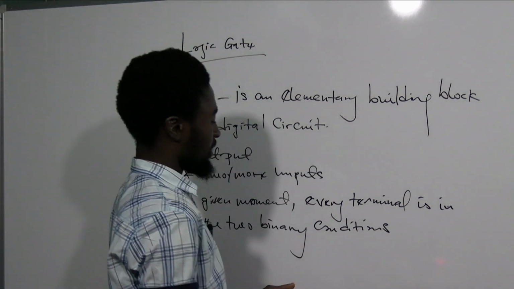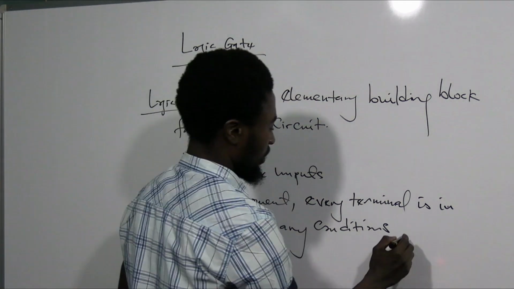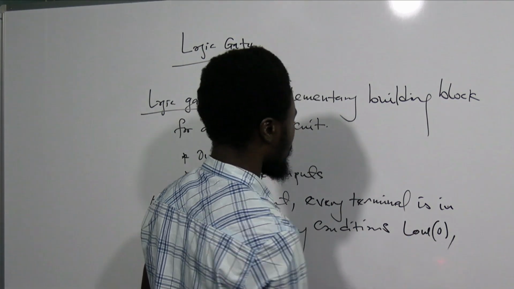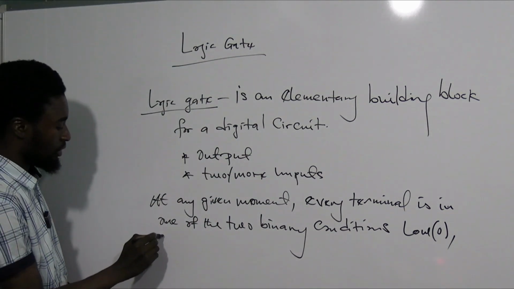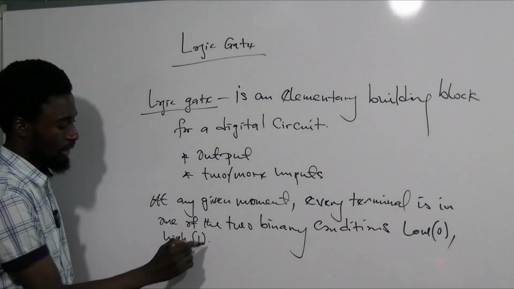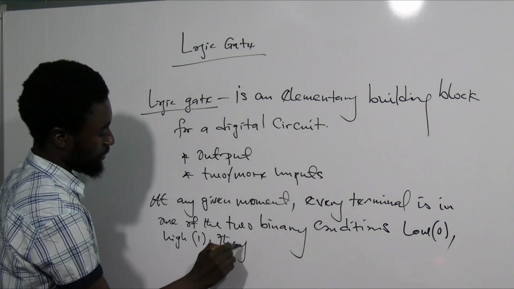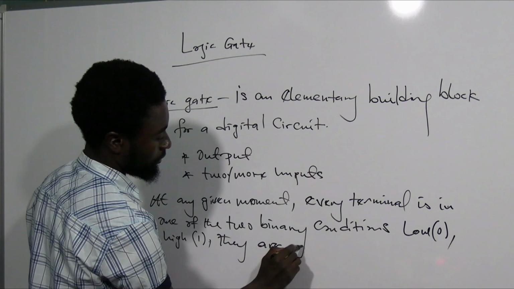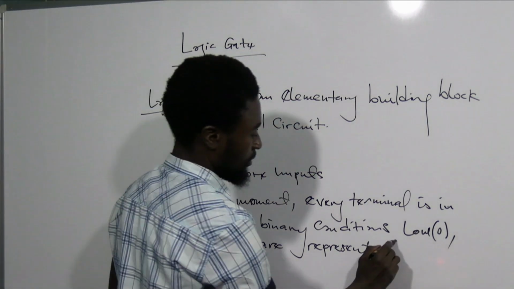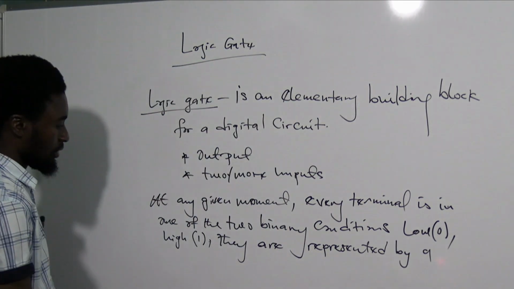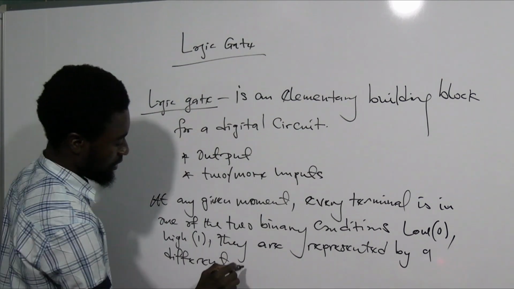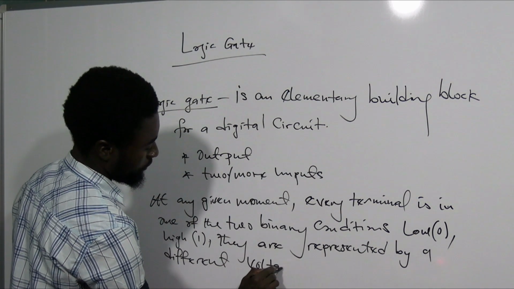And the binaries are like talking of the zeros and ones, and these conditions may be in the low condition, referring to 0, and the high condition, which is 1, and they are represented by a different voltage level.